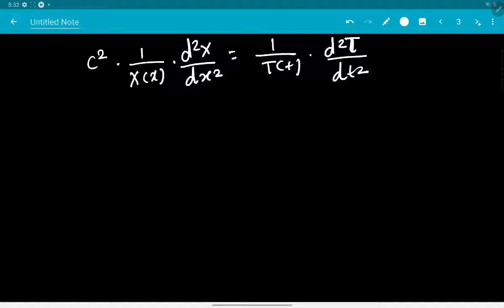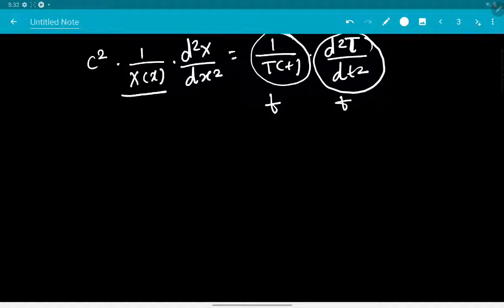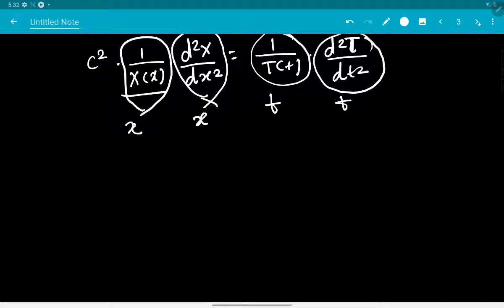Okay, now you will be able to appreciate one thing over here. See, what is this thing? This is a function of time alone. What is this thing? This is the second derivative of capital T, which is again going to be a function of time alone. Similarly, you see over here, what is here? It is a function of x alone, right? This is differentiation of capital X, so it is again going to be a function of x alone.